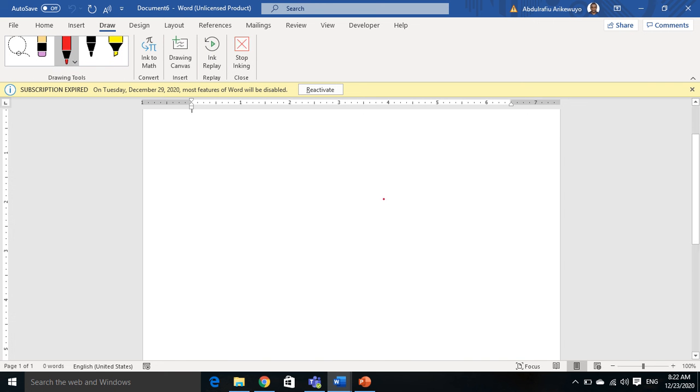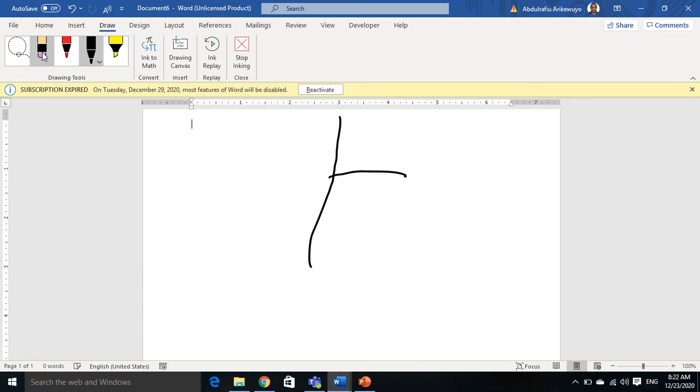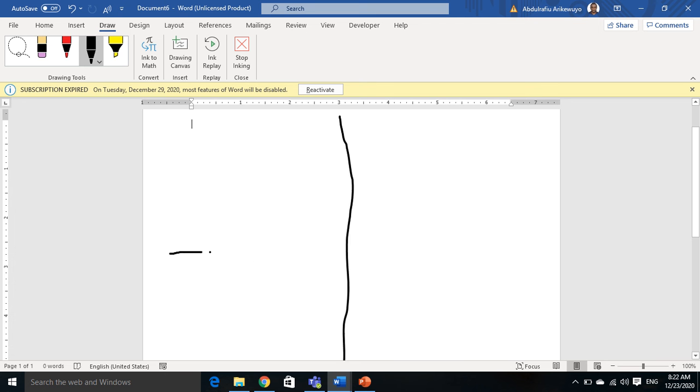Quickly, I have my, oh, this is not too good. So I draw my x, and why am I drawing like this? Okay, so let me be more careful. We are going to just manage this, and I have my y axis.